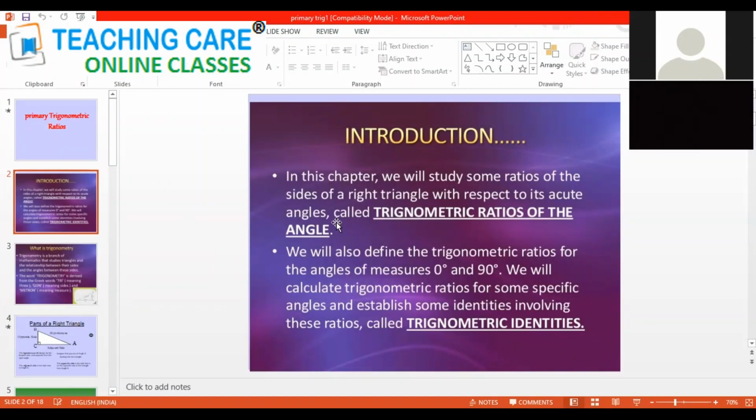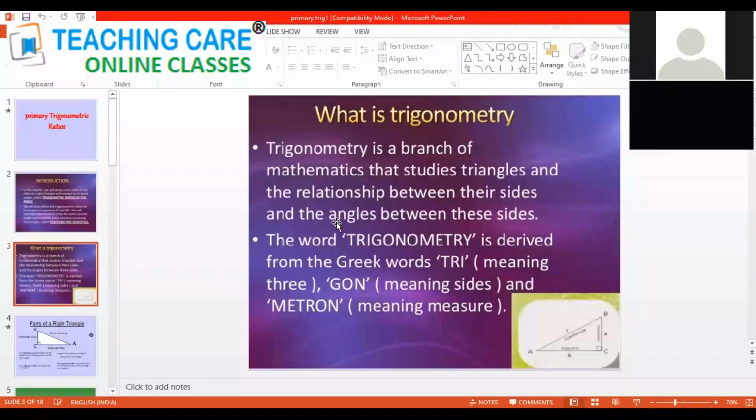First let me go into the topic of what is trigonometry. Like algebra and calculus, it is a branch of mathematics where you study triangles, how a triangle is related to its size, angles, everything. The word trigonometry is derived from the Greek word trigonometro.